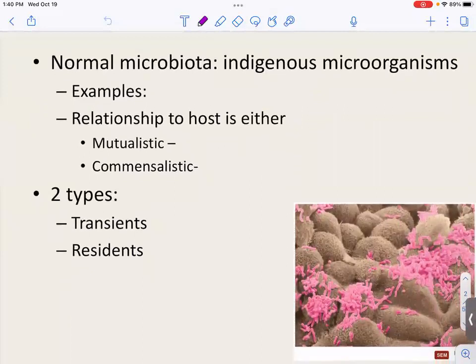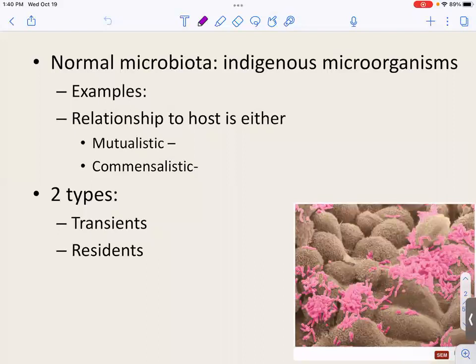But first, I want to talk a little bit about our microbiome and how we know that it plays a role in our overall health. We'll talk more coming up in the next few weeks when we talk about host immunity, how we think our normal microbiota plays a role in fighting off agents that might be causing disease.